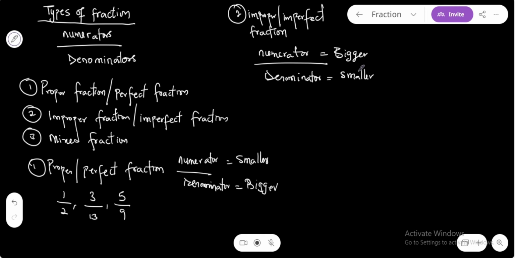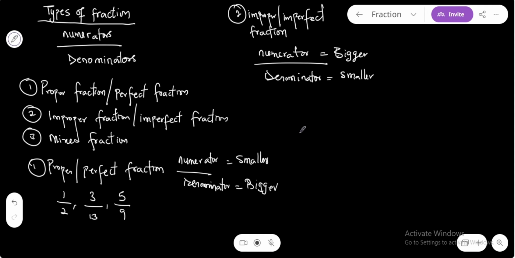This is not proper at all. When you have smaller numbers on top and bigger numbers underneath, that's perfect. That is proper. But having bigger numbers on top and smaller numbers underneath, that is not perfect. So for a fraction to be perfect, a smaller number must be on top. For a fraction to be imperfect, a bigger number will be on top.